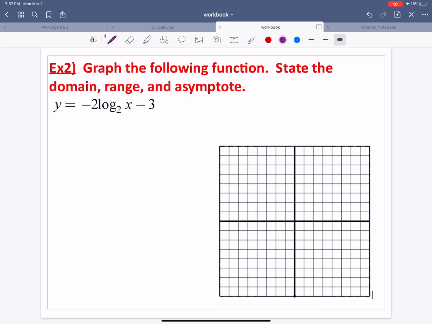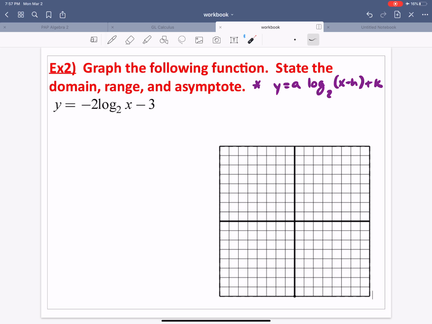So I want to look for the h value. Now, this problem is unique because we've got to really decide, is this -3 the h value, or is it the k value? Remember, the general form of this equation is going to be y equals a log base 2 of (x minus h) plus k. The h will always be in a set of parentheses like this.